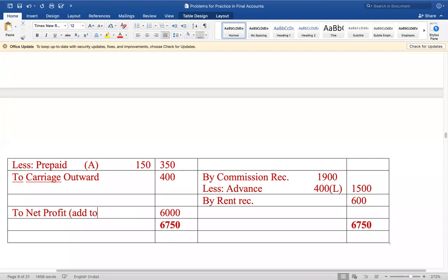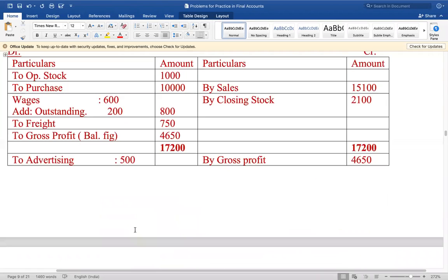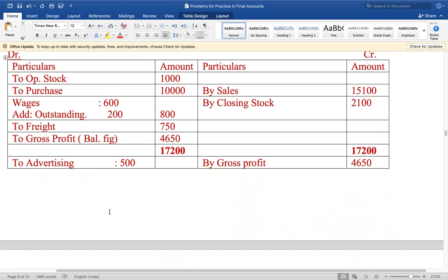Then what else? Wages outstanding, this is liability. Then what else? Closing stock, asset. That's it.